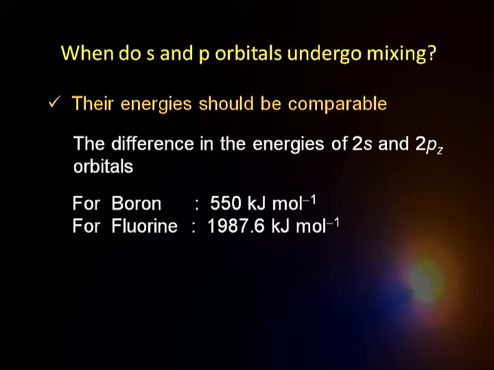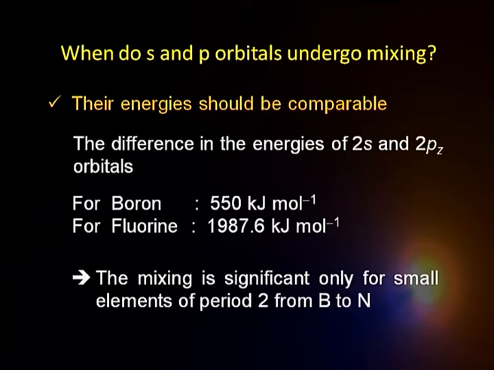Whereas in the case of boron, this energy difference is much smaller than what we have in the case of fluorine. So in such cases there is a possibility of mixing of s and p orbitals. As a consequence, the mixing is significant only for the smaller elements of period 2, that is from boron to nitrogen. So for these elements the mixing is likely to be there.